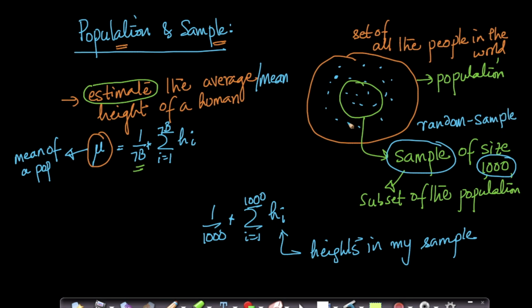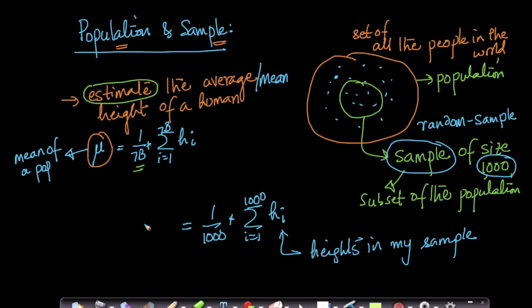So when I take a random sample of 1000 users, I should get roughly, because 1/6 of the world population comes from India, about 1000 by 6, which is about 160 odd people from India, right? In a random sample, you need to ensure that you're getting people from all regions of the world in the proportion that they are in the population. That's what happens when you take a random sample.